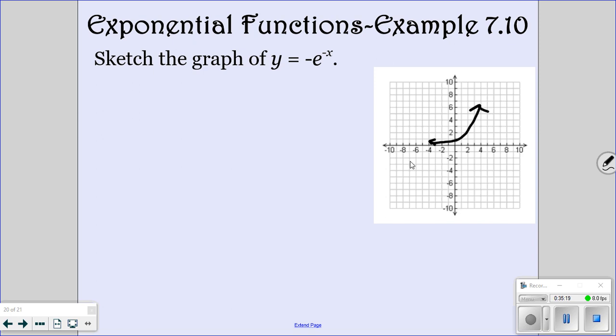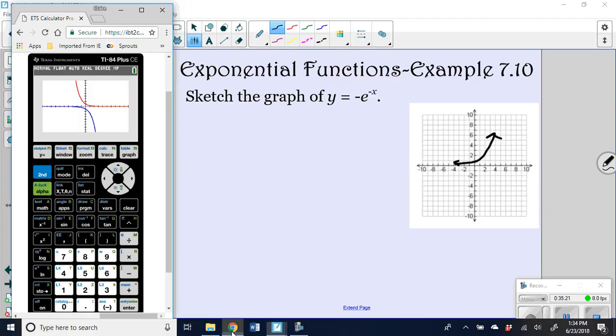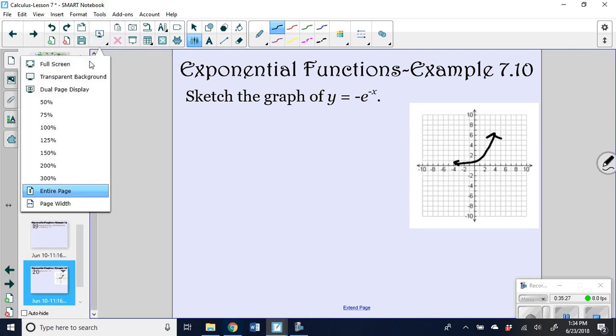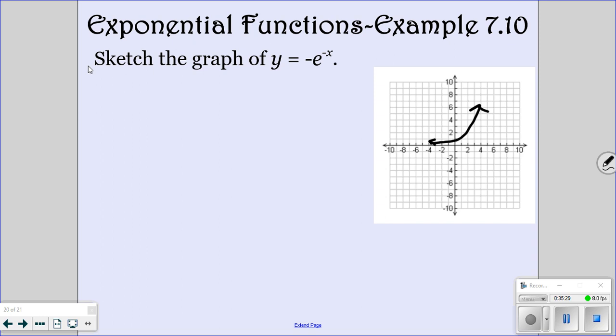I'll go back to the calculator real quick and show you. Maybe some of y'all have suggestions that y'all have thought of, but this is what y equals negative e to the negative x would look like. A rough sketch of it.